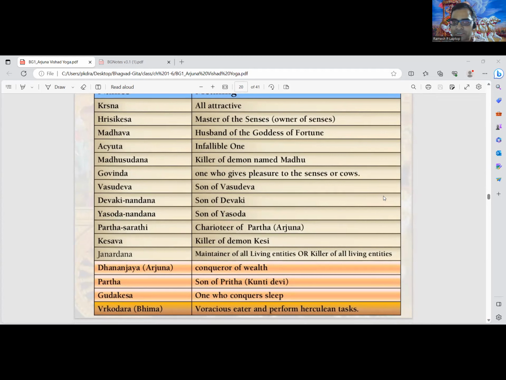At times he says Achyuta, oh infallible one, at times he says Govinda, and at times Madhava. Every time he addresses Krishna with one of these names, there is a meaning associated with it. Once you start reading the Bhagavad Gita, you'll notice those things. And Arjuna is the conqueror of wealth, and so on.